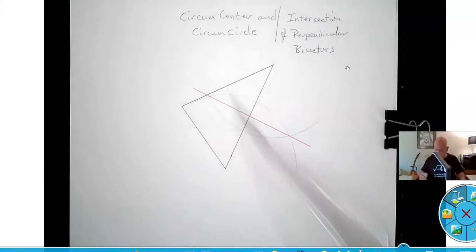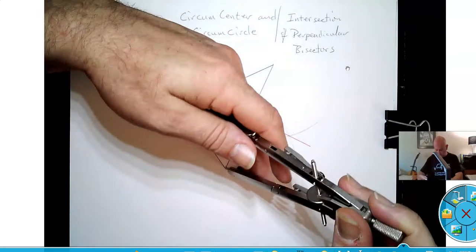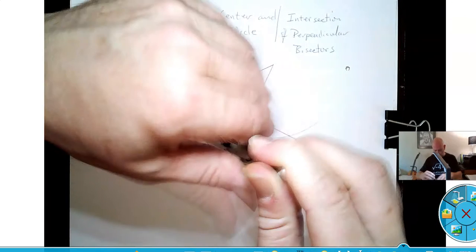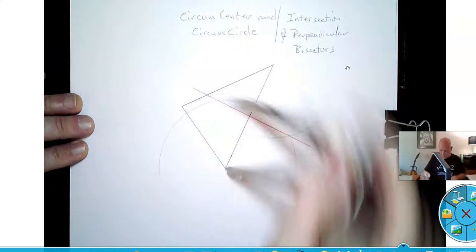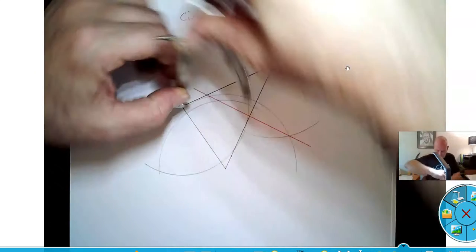Okay, so we're going to do the same thing to another side now. Let's just pick something. Oops, wrong way. Close this up a little. That's one, and that's two.